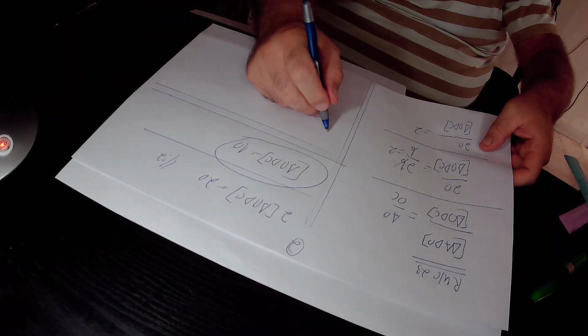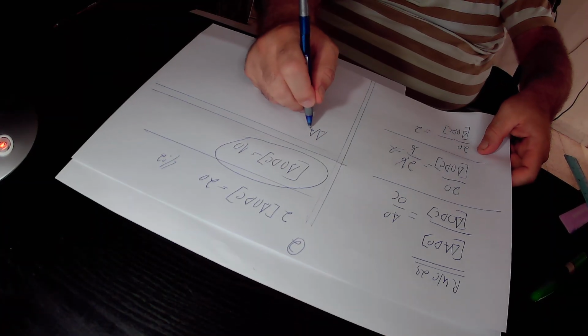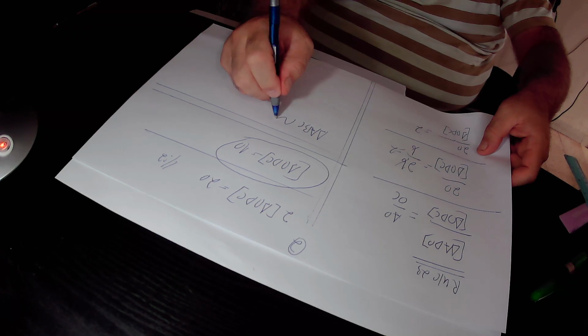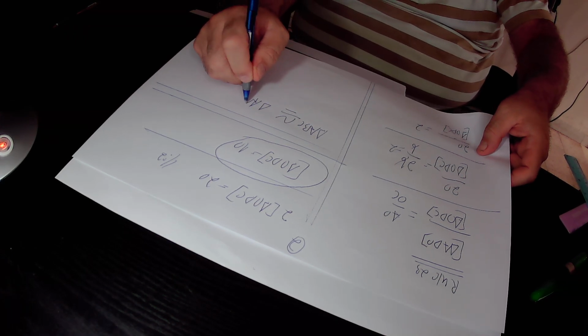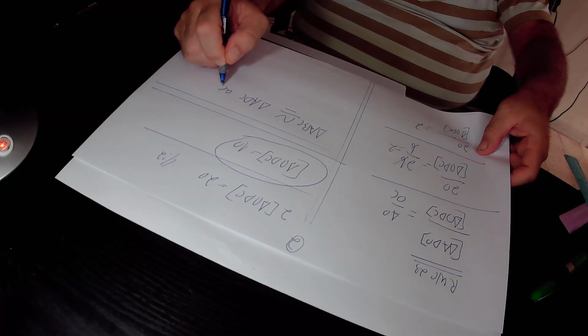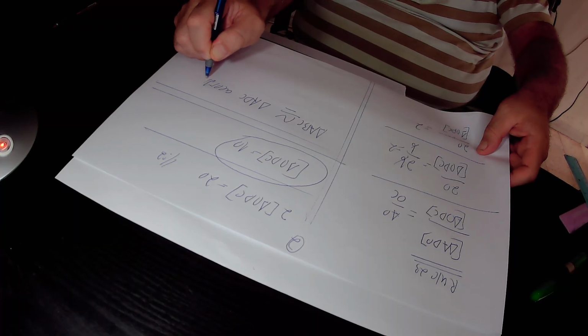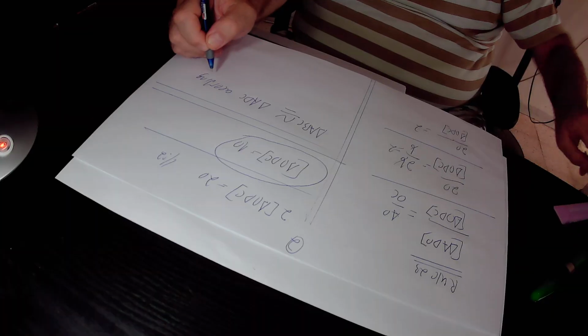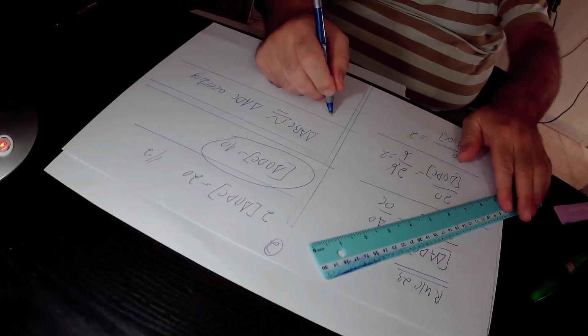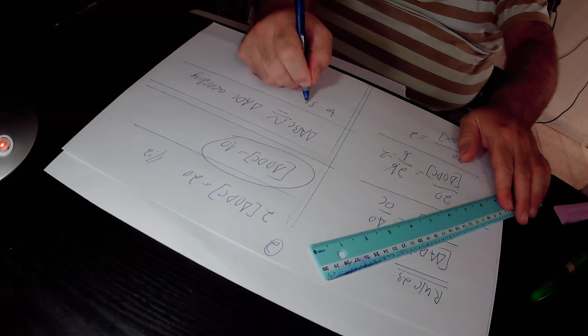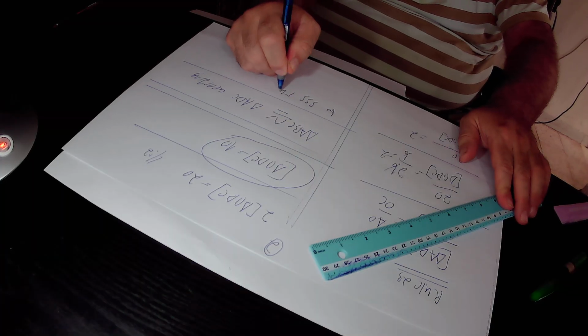We found out that the right big triangle ABC is congruent, this is the sign of congruent, to the right big triangle ADC according to the side rule.